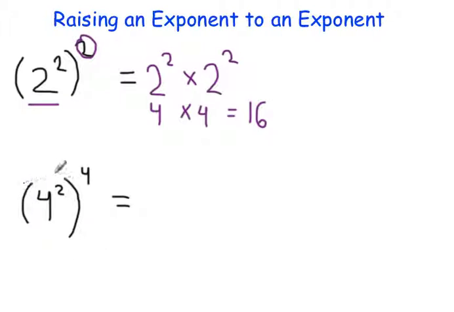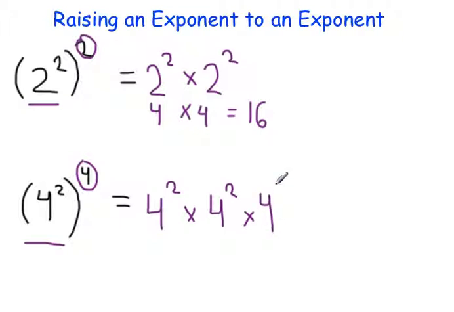Let's do the same in our second example. 4 squared raised to the 4. Our base is 4 squared, our exponent is 4. We know that 4 squared can be simplified to 16. So we have 16 in each of these 4 squares.